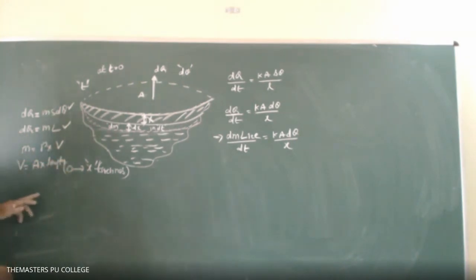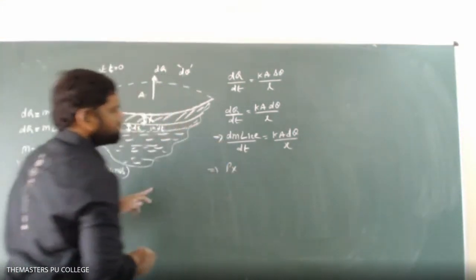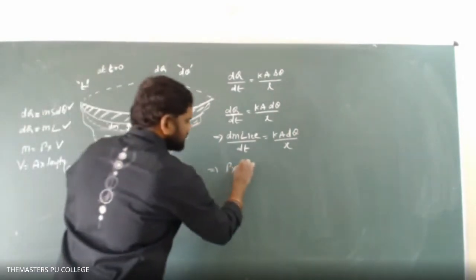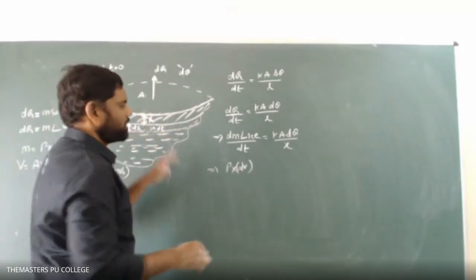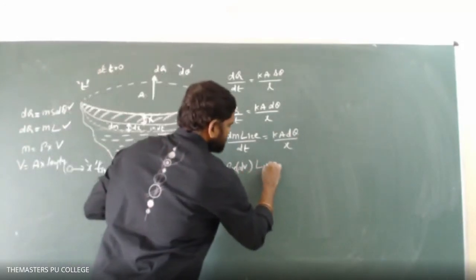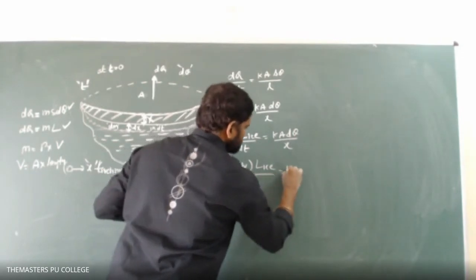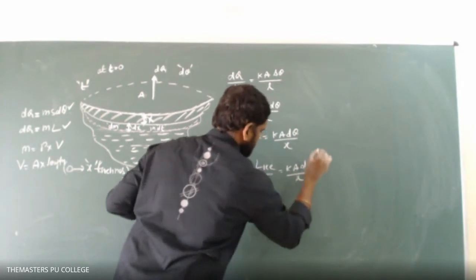So mass equals density into volume; let dV be the volume of water frozen into ice. Then rho dV into latent heat of ice divided by dt equals KA delta theta divided by x.